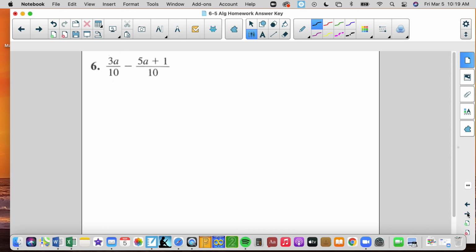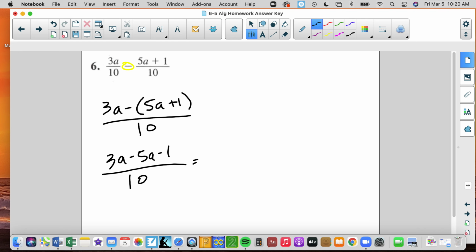Let's look at this one. Again, we have a negative that we're going to have to distribute to that right fraction. So when I write it, I'm going to write 3a minus the quantity of 5a plus 1 over 10. Let's distribute that negative to both of the terms inside the parentheses.